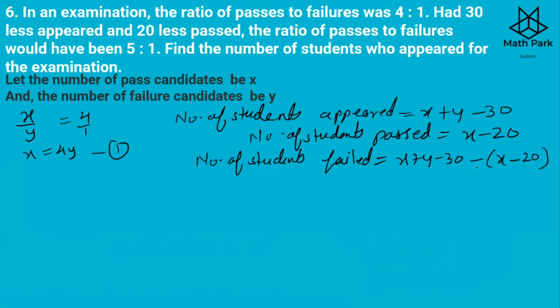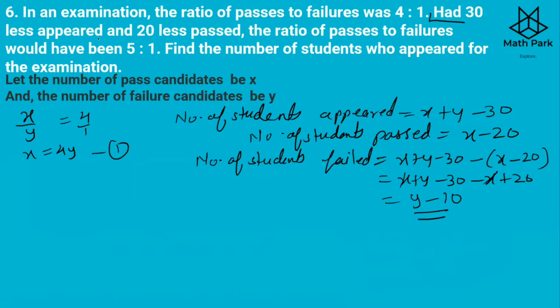So when we solve this further, we get here X plus Y minus 30 minus X plus 20. X and X got cancelled. Minus 30 plus 20 is minus 10. So Y minus 10 are the students who failed according to the second condition.